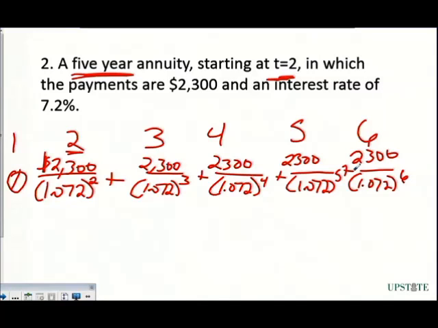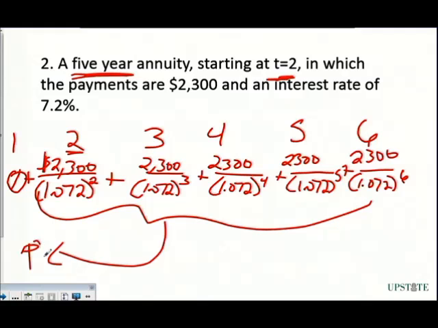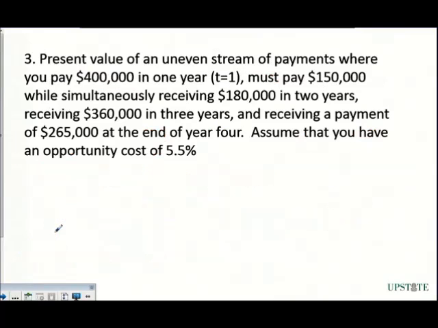And that's all we needed to see. That's going to tell us the value of this annuity. We compute all of this, and all of this comes back to a present value. We can just plug this in the calculator. We could compute these individually, but you were not asked to do that on this exam.